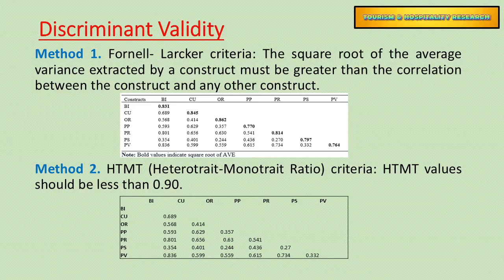Here it represents the values of HTMT. All these tables you will get automatically; I'll be showing you how to get these values in IBM Amos automatically. You just need to interpret them knowing the thresholds.